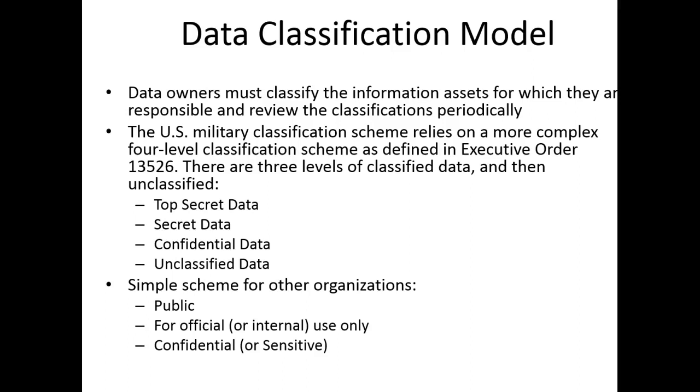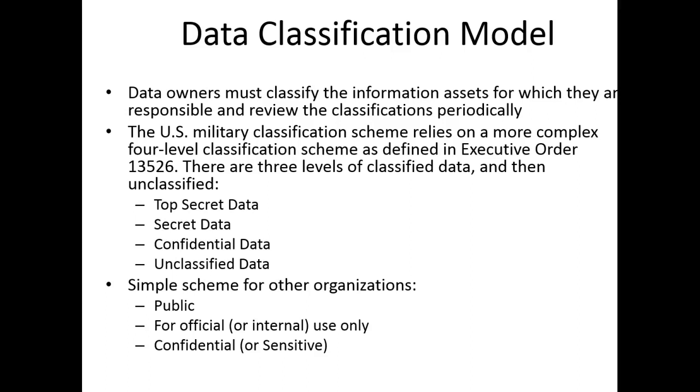And so there are 3 levels of classified data, and then there is unclassified. The first one is top secret data, the unauthorized disclosure of which reasonably could be expected to cause exceptionally grave damage to the national security that the original classification authority is able to identify or describe.